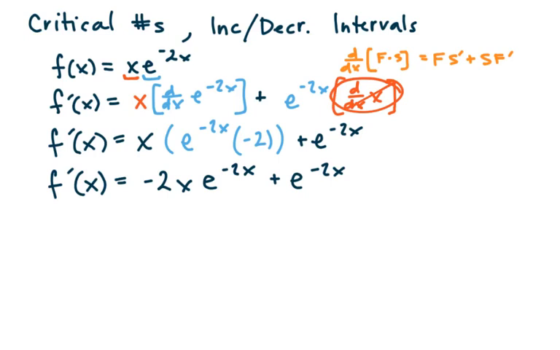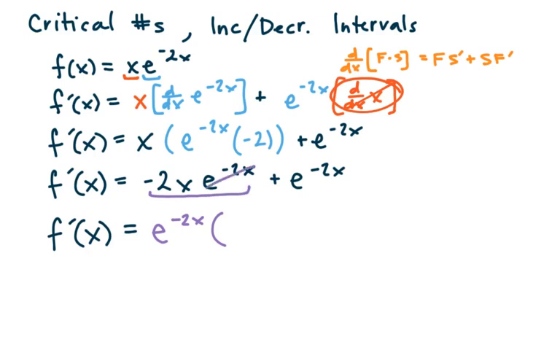So one thing I notice is that both of my two terms have an e to the negative 2x in them. So I'm going to factor that GCF out. If I factor out e to the negative 2x, so that's my common factor, what am I left with for each of my two terms?